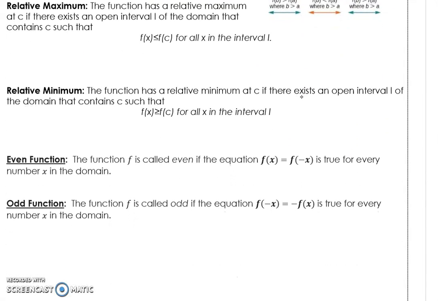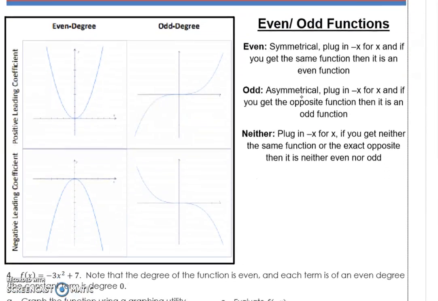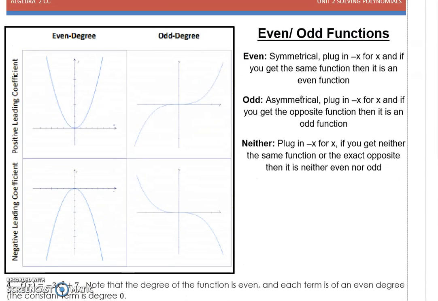Even and odd functions are basically when you're looking at the function at positive and then at the negative of that x value and seeing if they are indeed equal or if they are like opposite of each other. What I think as an easier way to identify them is even functions are symmetrical.